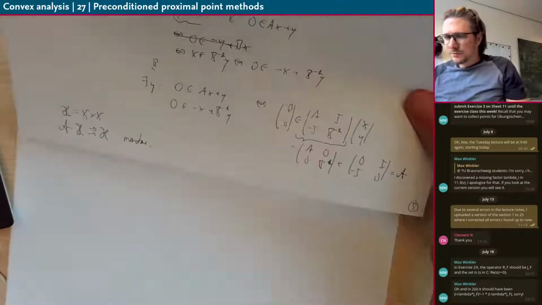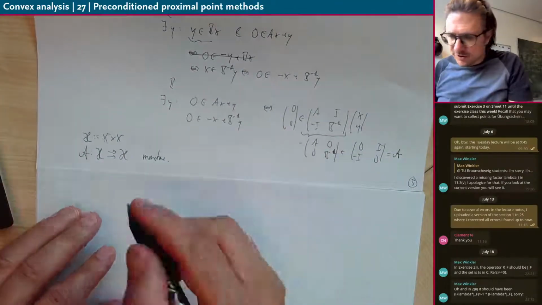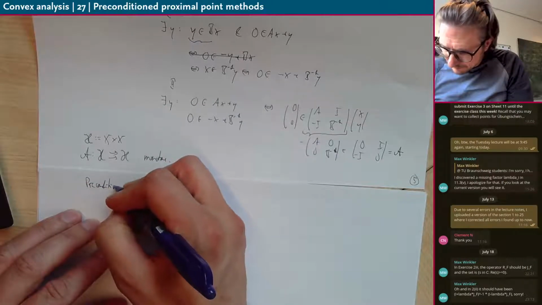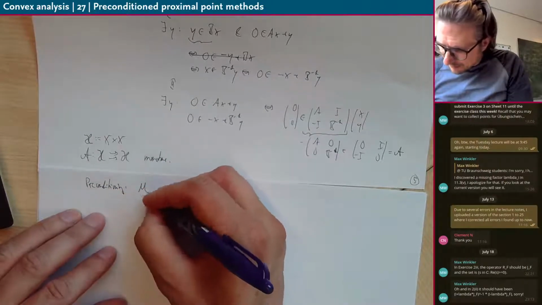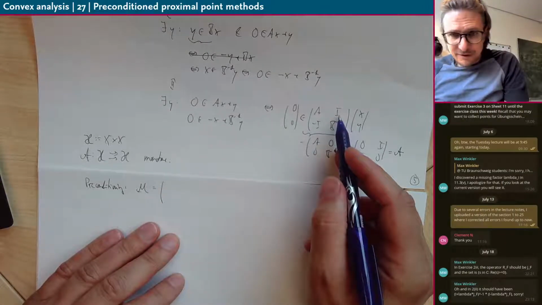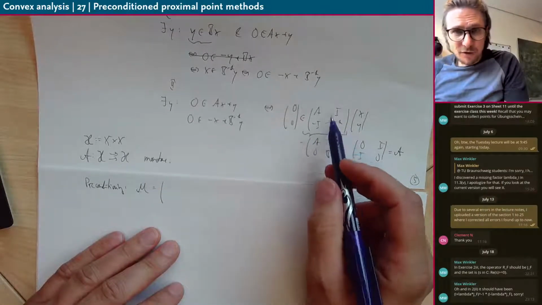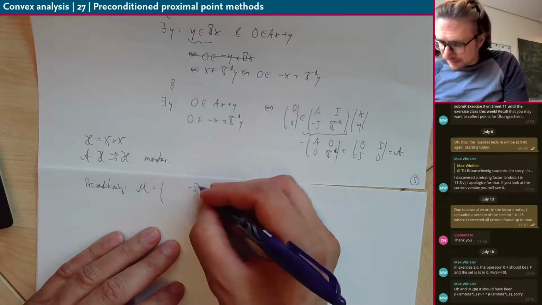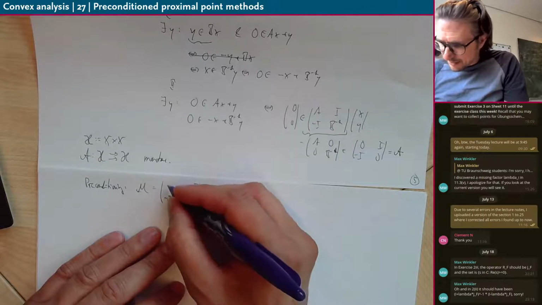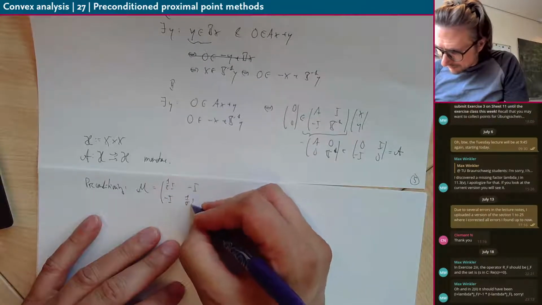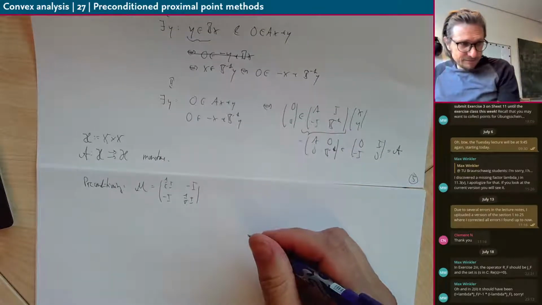Okay, so now we do the same thing. We do a preconditioning of this inclusion with some script M, which is again of the form: we want one of the off-diagonal entries to cancel when we add it to A. So here we put a minus I, then we have a minus I there, and on the diagonal we put 1 over tau identity and 1 over sigma identity, just to make everything work out.